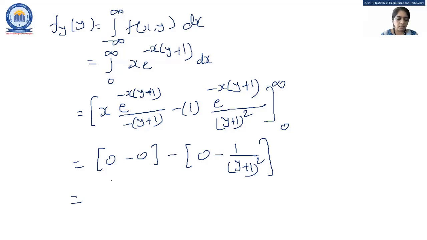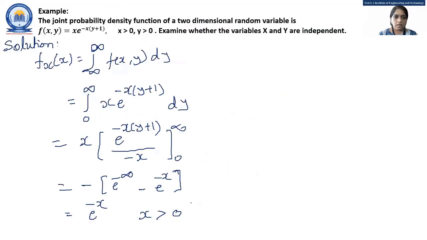So my final answer is 1 upon (y plus 1) whole square, where y greater than 0. So this is the answer for f of x for all x and f of y for all y.